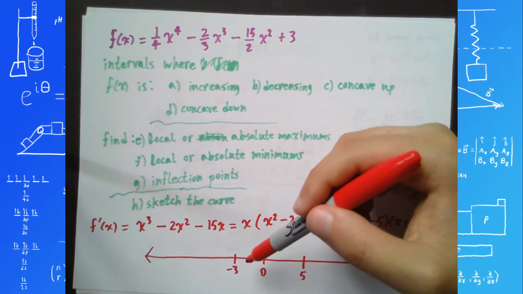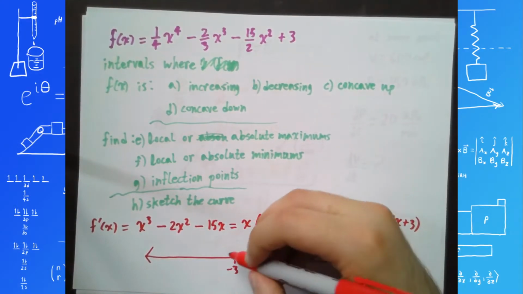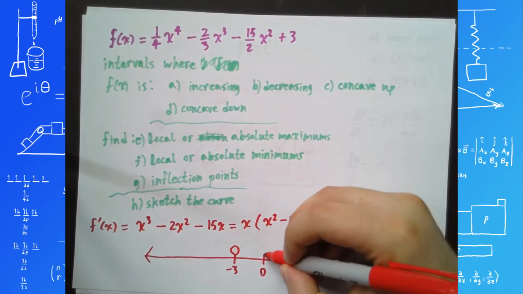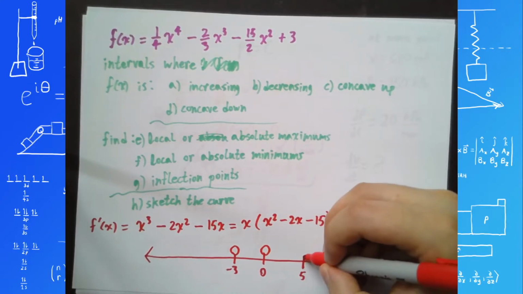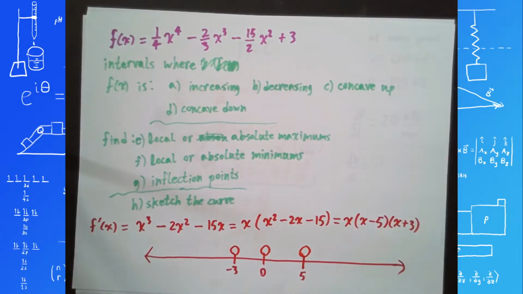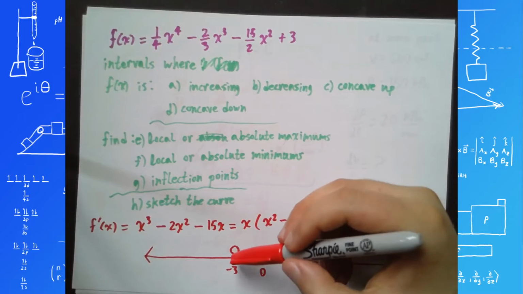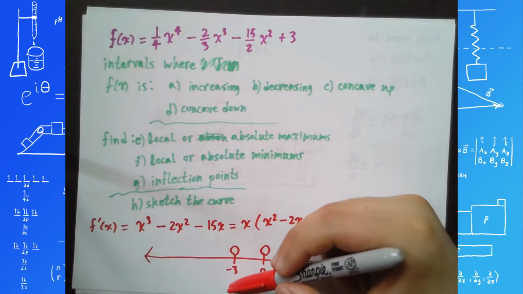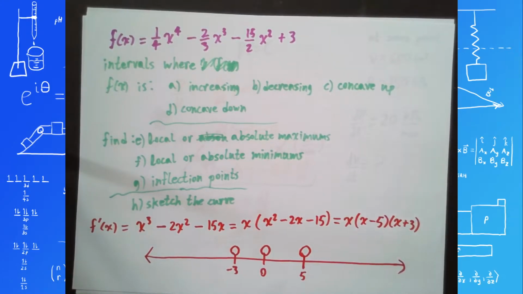So yeah, those are the 3 points where we get zeros, and I just like to write a big 0 there to remind myself that those are places where I get zeros. If there were points where the derivative was undefined, I would also mark them on the number line. I would mark them with vertical dotted lines, like a vertical asymptote.